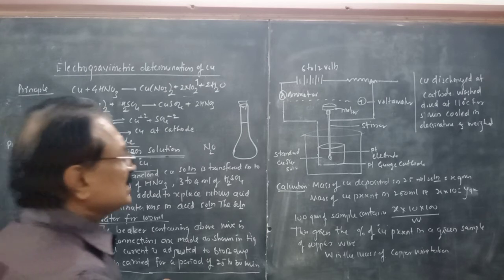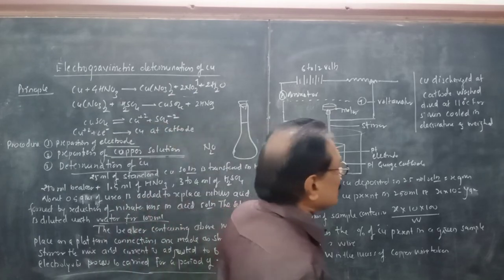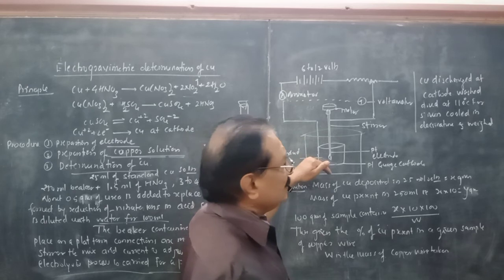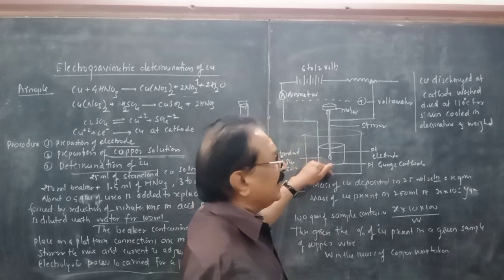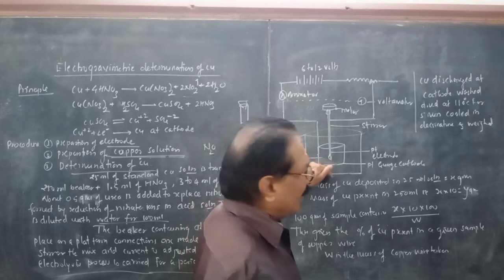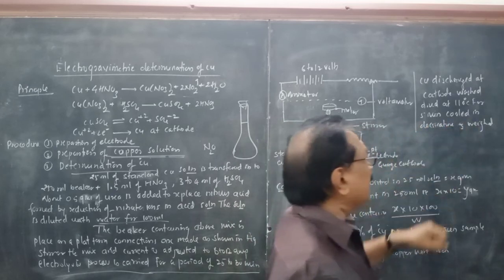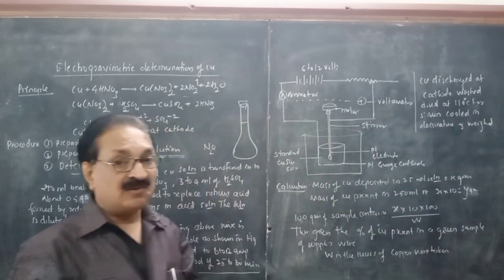After the process, the cathode is removed, washed, then dried at 110 degrees centigrade for 5 minutes, and afterwards it is cooled in a desiccator and weighed.